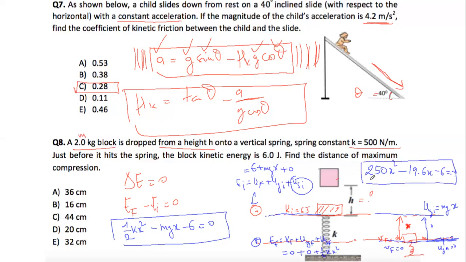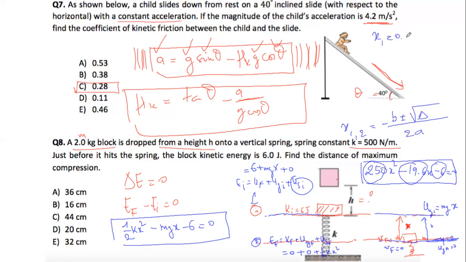This is what I have to solve. You know how to solve this from high school, quadratic equation. x1,2 is minus b plus or minus square root of delta divided by 2a. You will have two solutions here.